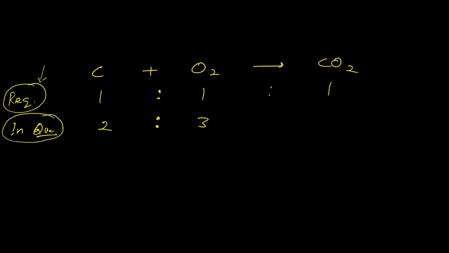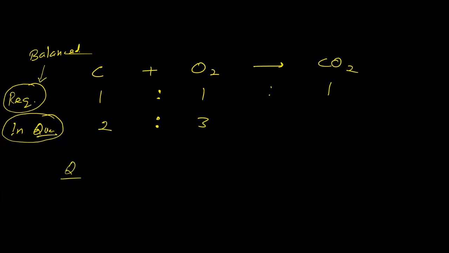This is how you will write. You will first write the required ratio as per the balanced equation, and this is what is given in the question. And how to calculate which one is the limiting reagent? You will always find the Q by R ratio.